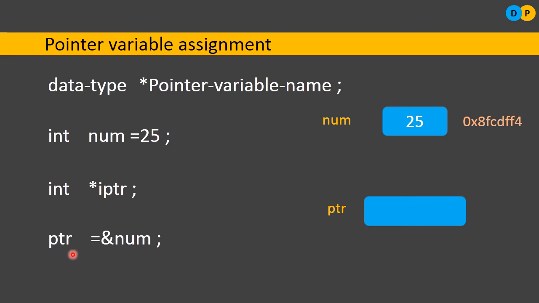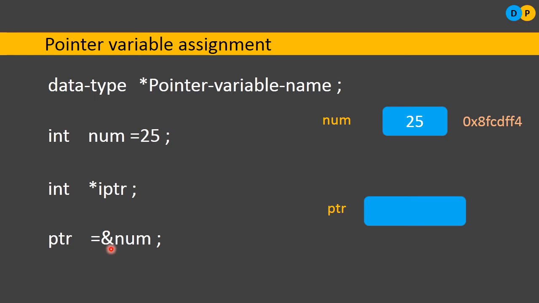This is called assignment. This statement: iptr is equal to ampersand num. This symbol is referred to as the ampersand symbol, and it is called the address-of operator or reference operator.